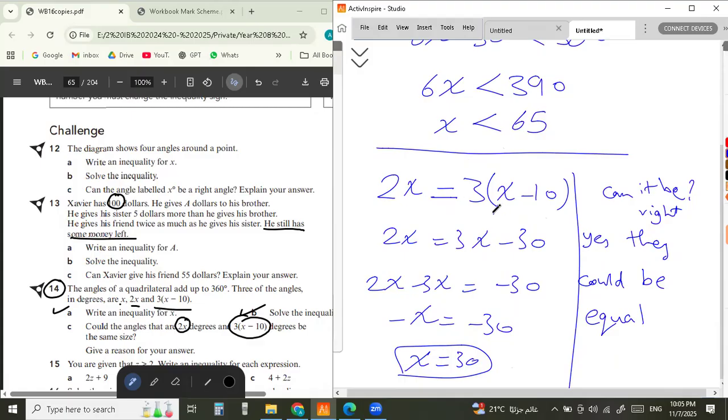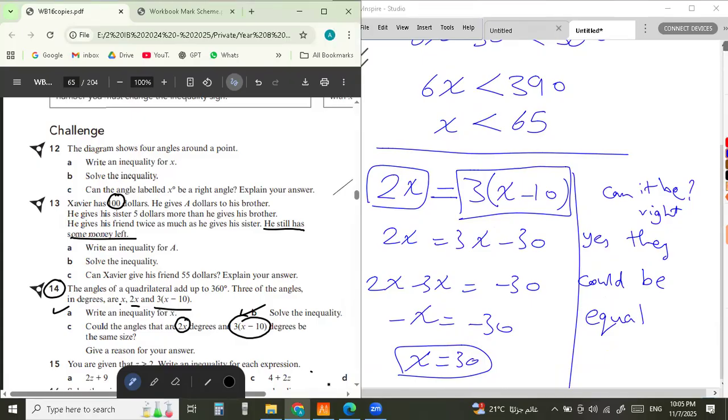Because when I made them equal, I found that x is 30, which is still in the solution set that we have here. The solution says that x must be less than 65. So yes, they could be equal.